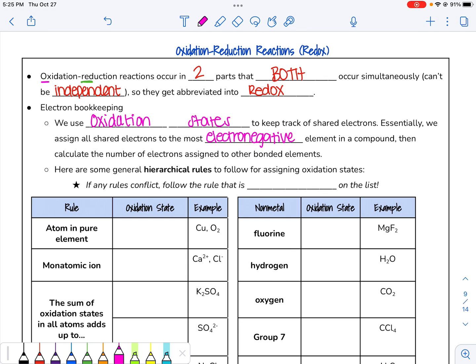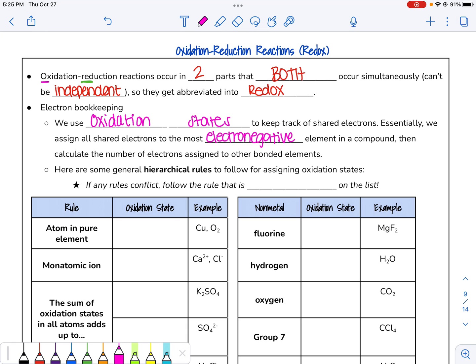If you had a bond that was ionic, the atom that is more electronegative is going to carry the weight of most of that electron density because it's pulling the electrons towards itself. It's more selfish than the other elements in the compound. We can calculate these oxidation states according to a set of rules, and I will go through those rules with you.